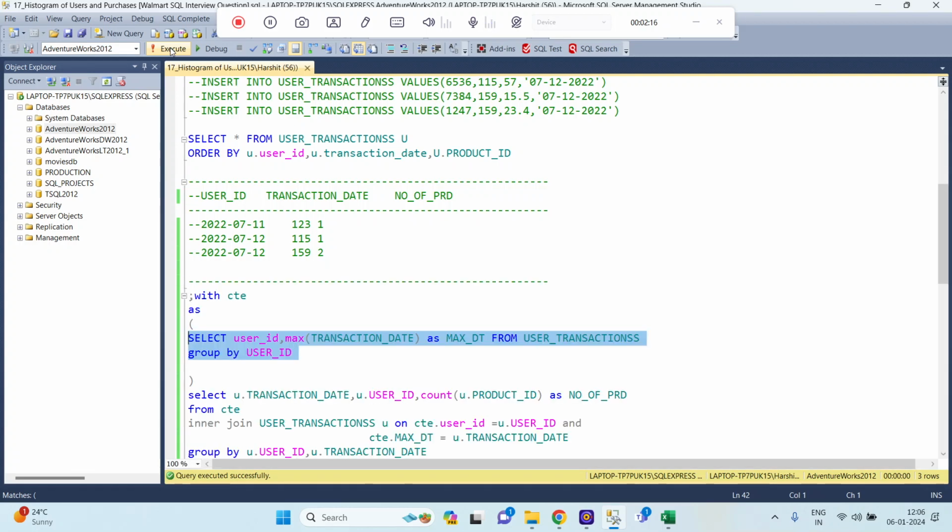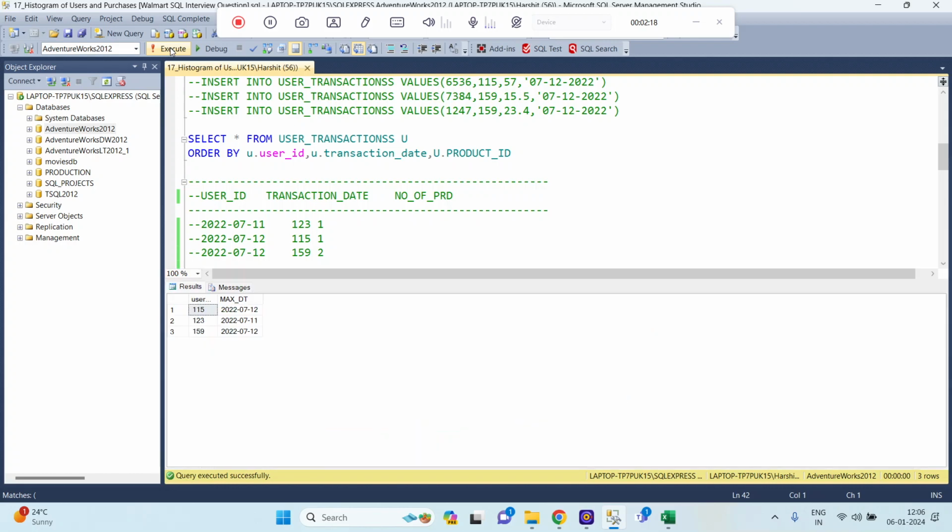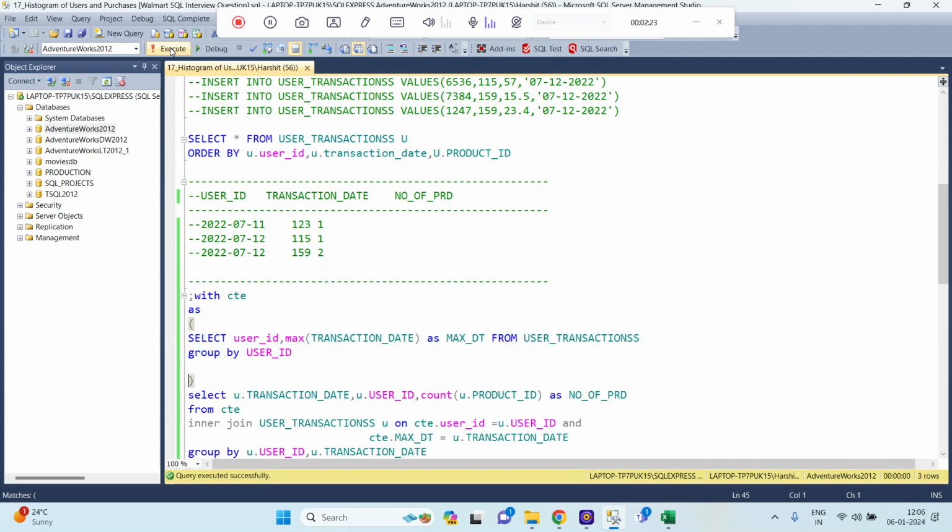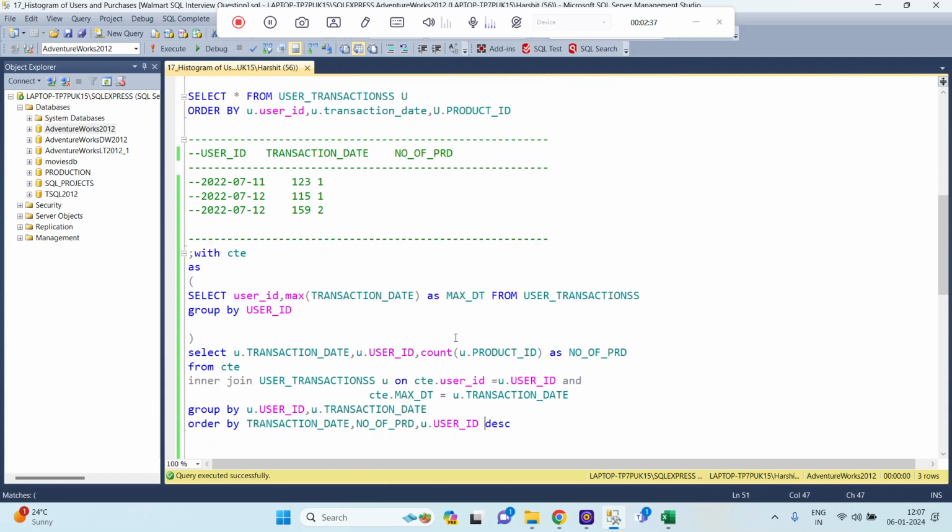Now what I have done, I have encapsulated this block into the CTE, and then I have joined this CTE with the original table on user ID and max date, meaning transaction date with max date. So it will give me the number of products on that particular date, right?